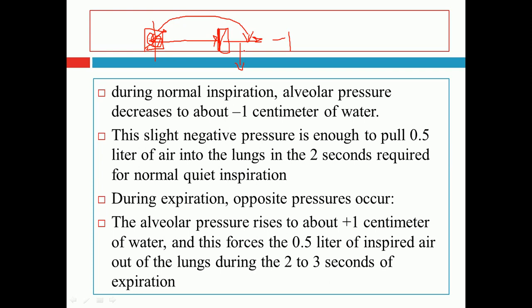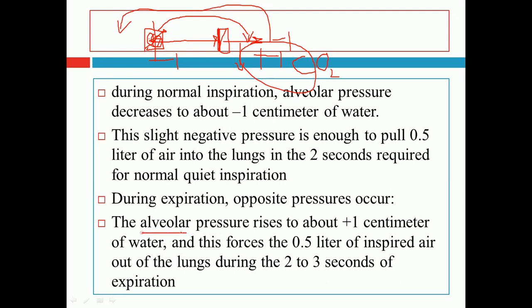Now this will become +1 and this will become negative. So now the expiration will occur, and again some CO2 is also being excreted out. So this will add to the partial pressure of this expired air as well. So this air will now be moving out.